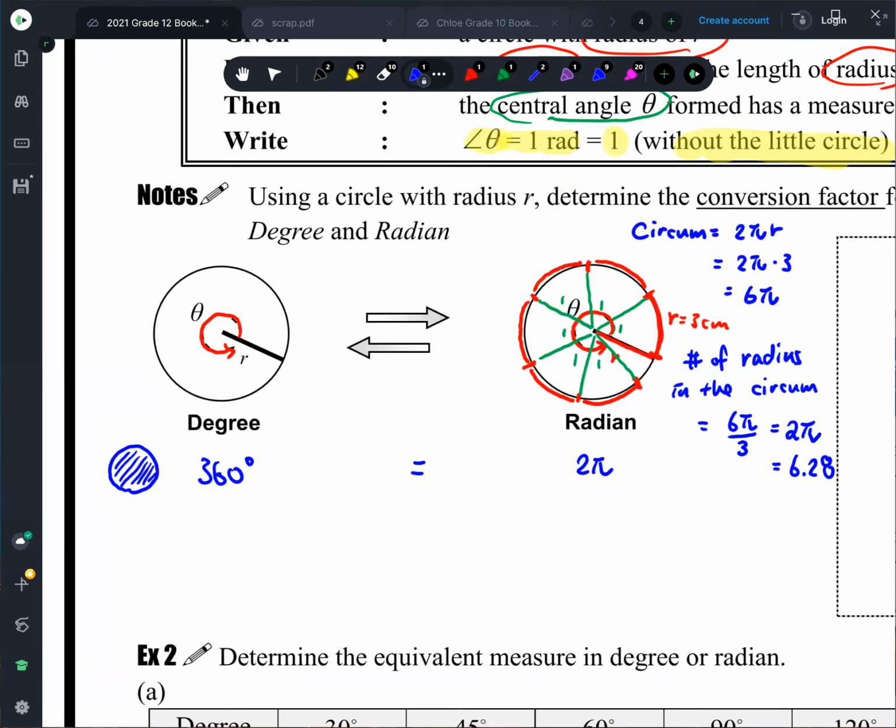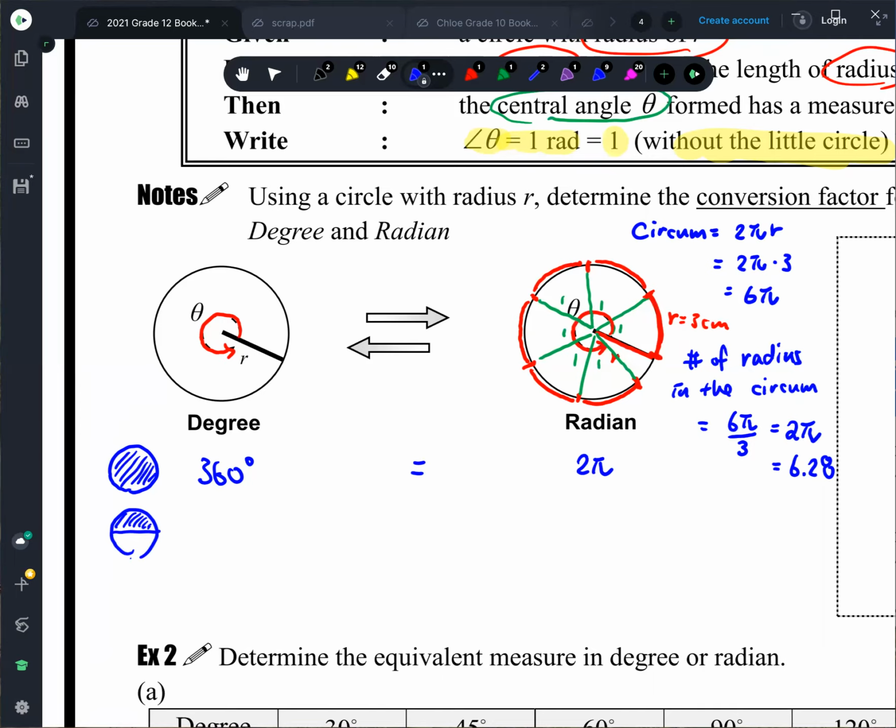So now if you get half a circle, if the angle turns half a circle, Jenny, what will be the degree? I am not sure. Don't say you're not sure. You know it. Full circle, how many degree?